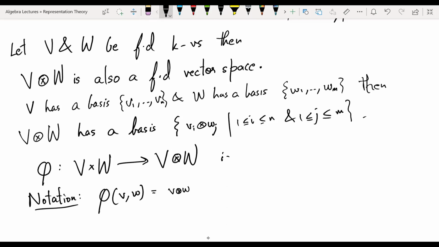These elements are called pure tensors, and if you denote them by this, then it's understood what the bilinear map is. It's given by these. Of course, elements of V tensor W are not just these.